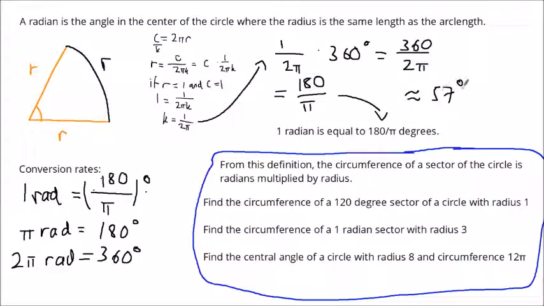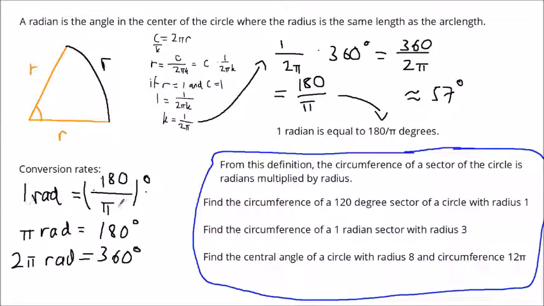But it doesn't matter if it's 57 or not, because these are the conversion rates that you need to know. If the radius and the circumference is 1, we can solve for k, which gives you the part of the circle that 1 radian belongs to, multiply by 360, and that's how you get the number of degrees in a radian.